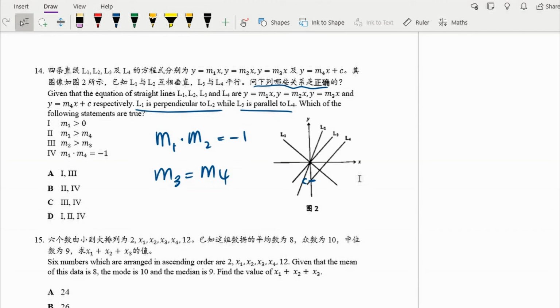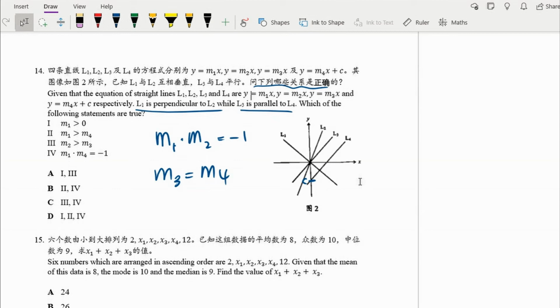It says the statement that is definitely true based on all the information given. So even if the statement can be true, it is not necessarily true. It can still be true, but it can be false because maybe the information is not enough. But anyway, let's look at this question. The first statement, M1 greater than 0.